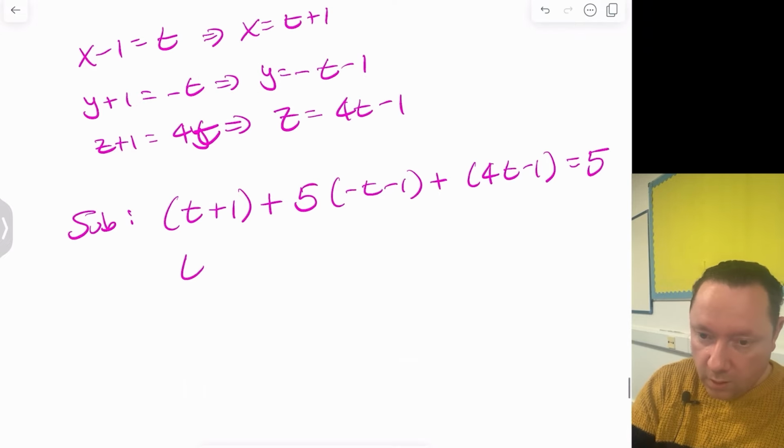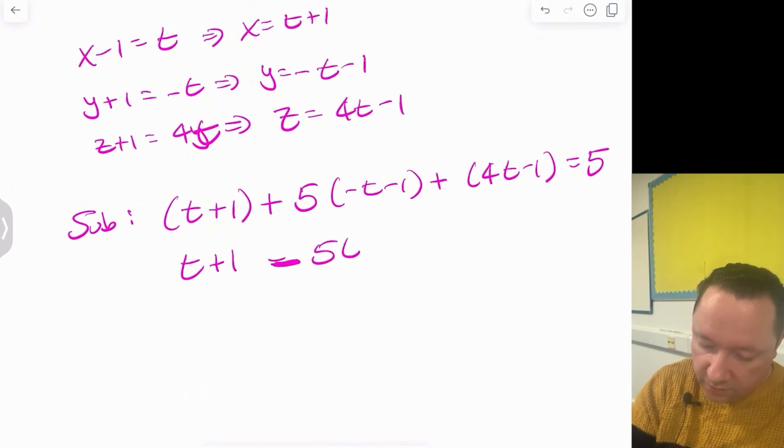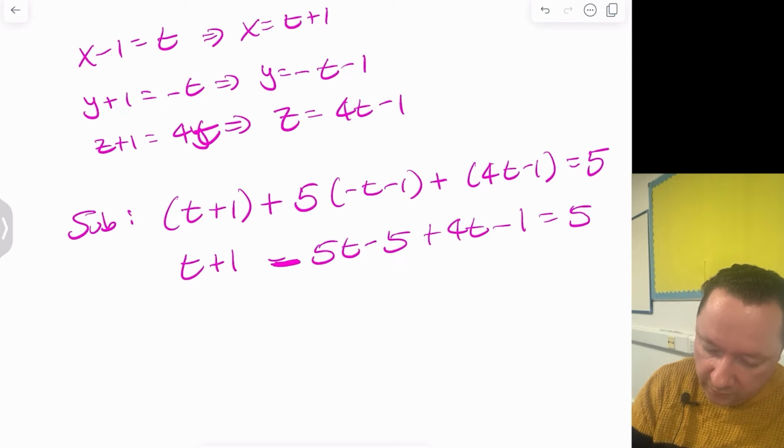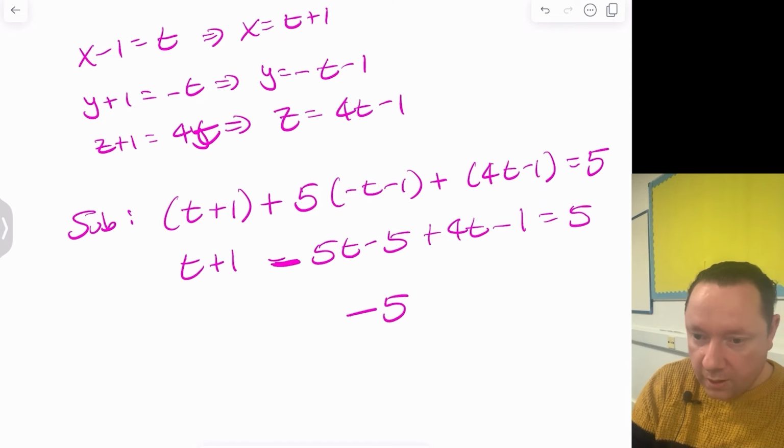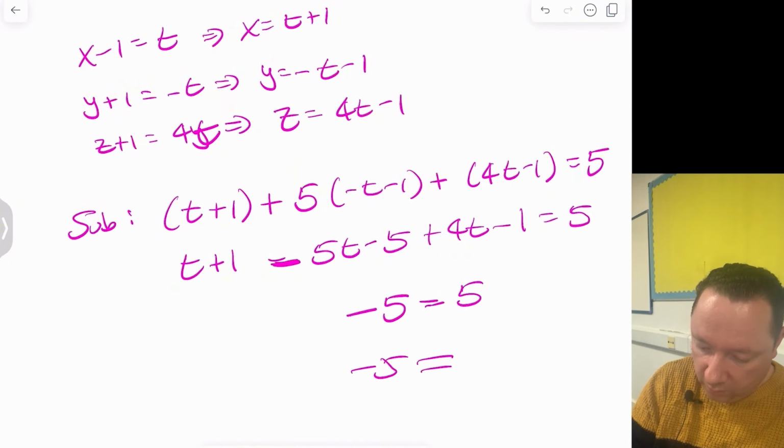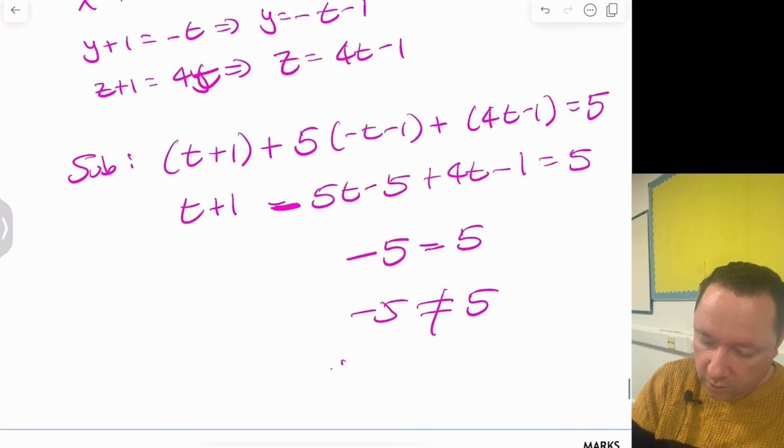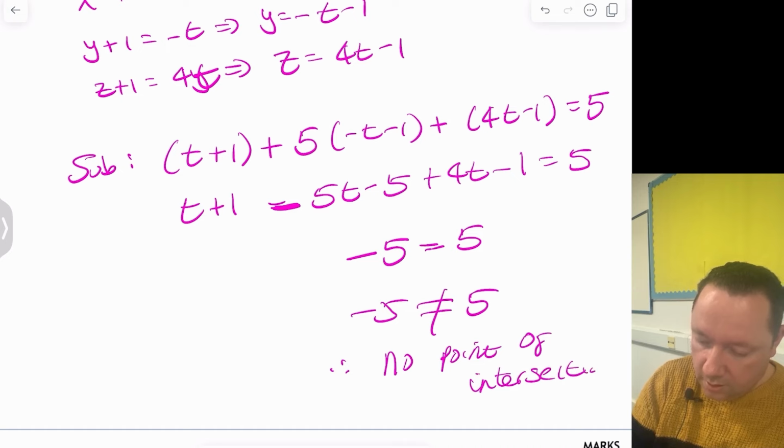So we get t plus 1, and we get minus 5t minus 5 plus 4t minus 1 equals 5. t plus 4t is 5t, minus 5t is 0. Then we've got 1 minus 5 minus 1, so you get minus 5 equals 5. Well, minus 5 cannot equal 5, so therefore no point of intersection. And we're done there.